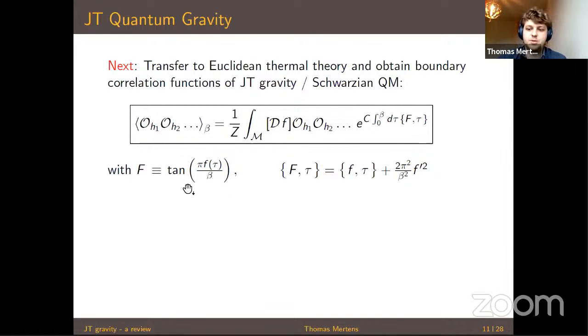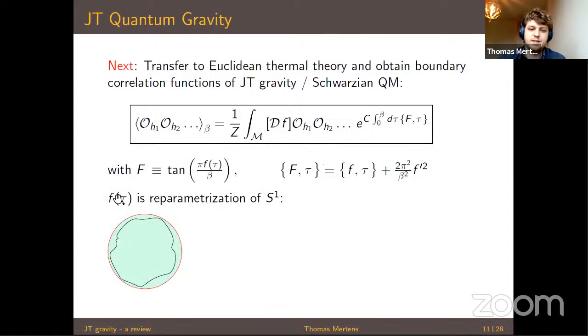Now, it is convenient when doing these calculations to switch between the Poincaré f that we have here, this big F, and a new small f that we have here, and they're related by a tangent transformation. And if you remember from the beginning, in Lorentzian signature, a hyperbolic tangent transformation was precisely the transformation relating the Poincaré to the black hole frame. So this is now rewriting everything in terms of reparametrizations, not of the Poincaré frame, but reparametrizations of the black hole frame.